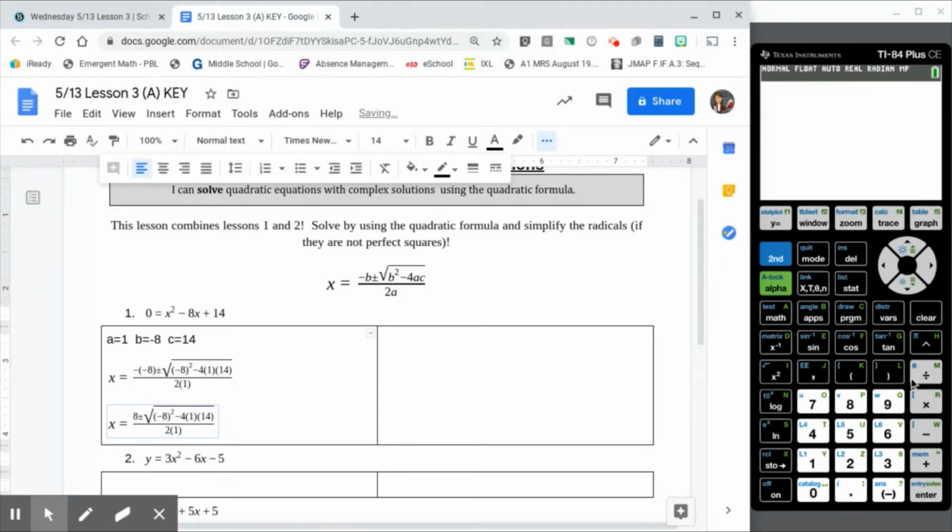Now, when we type this into our calculator, again, we do not type in the square root. We are just simplifying what is underneath the square root. And we should get 8 underneath that square root.